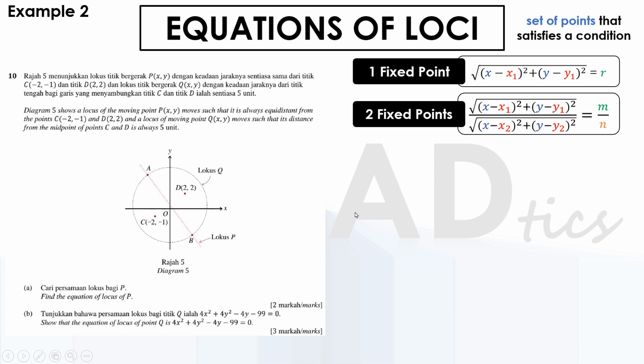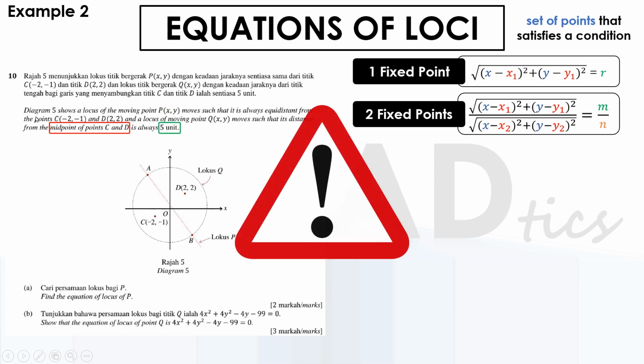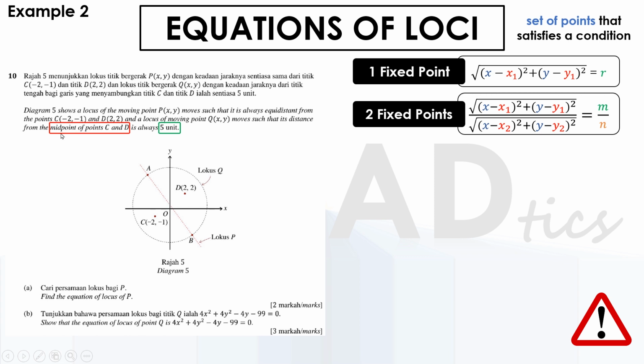So let's go back to the description here, which describes point Q. It says that point Q moves so that the distance from the midpoint of C and D is always 5 units. Don't be mistaken, this one is the midpoint of point C and D, not C and D. So the case would be one fixed point.